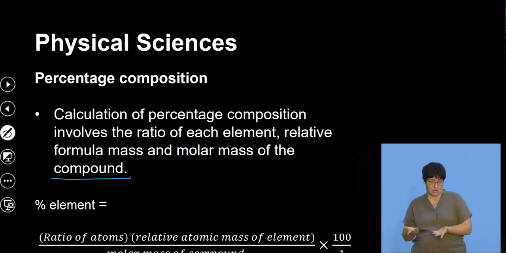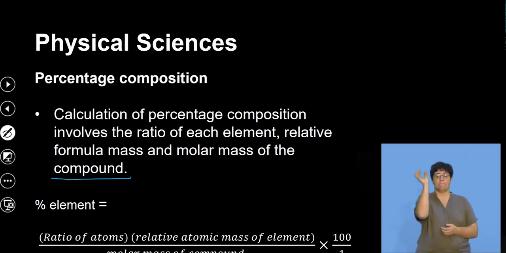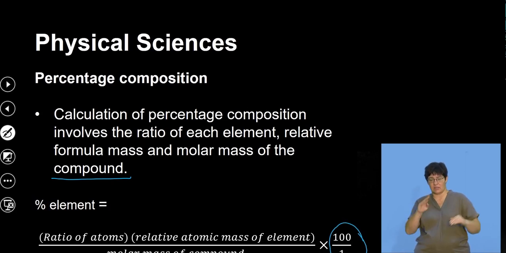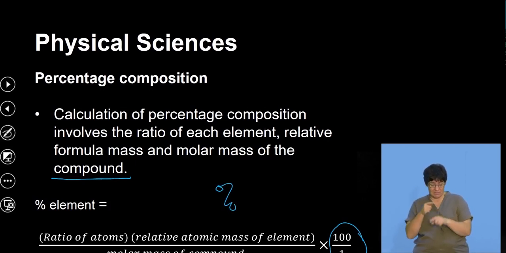Over and above, the percentage of an element in a compound is the number of atoms multiplied by the relative atomic mass, divided by the molar mass, expressed as a percentage. The moment you multiply by 100, we are actually determining the percentage. Take note of that as well.